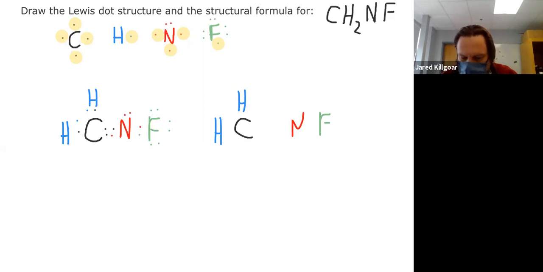So drawing your bonds in here, there's single bonds to the hydrogens, double bond to the nitrogen, single bond to the fluorine, and fluorine and nitrogen still have those non-bonding electron pairs, which we have to account for. So that's our Lewis dot structure for CH₂NF.